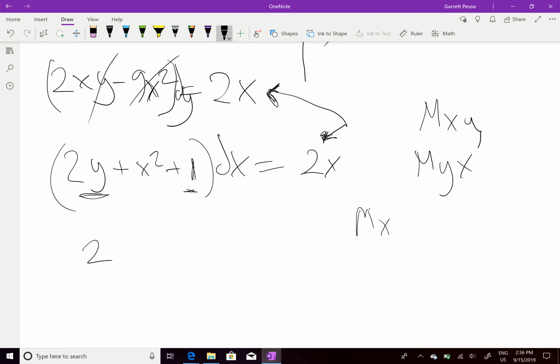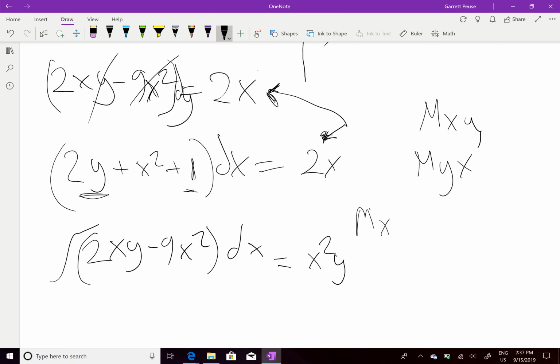We'll get, write it out, the integral in terms of dx, we are going to get, I can take that out.